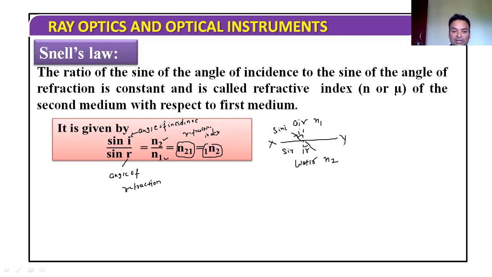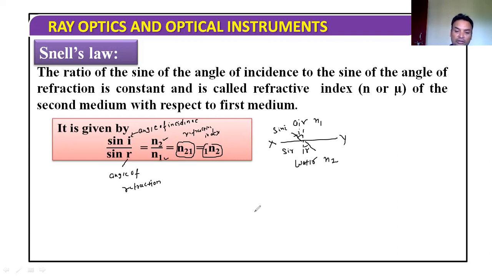So this is Snell's law: sine I upon sine R is equal to N2 upon N1, or N21, or 1 and 2. N21 means the refractive index of the second medium with respect to the first medium.